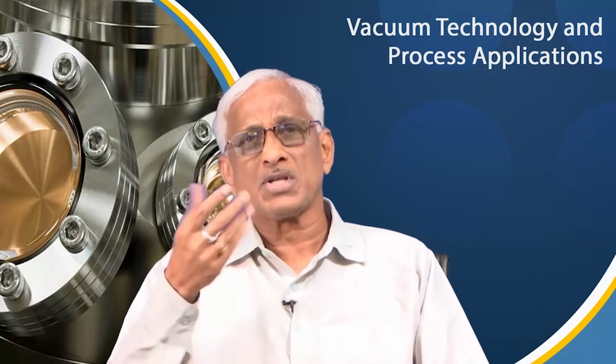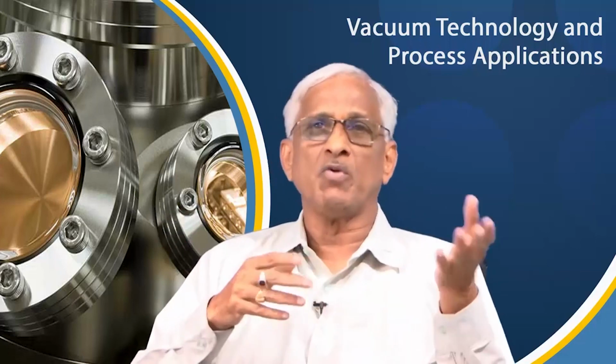The mechanical force, which is P2 minus P1, stops changing almost by the time you come to 1 millibar: 1000 minus 1 is 999, and 1000 minus 10 power minus 8 torr is also 999.99. You won't gain any extra advantage if your application is mechanical force. Similarly, drying or moisture removal, etc., because by 40 torr we are anyway coming to room temperature boiling, or if you want to do freeze drying, maybe 1 millibar.